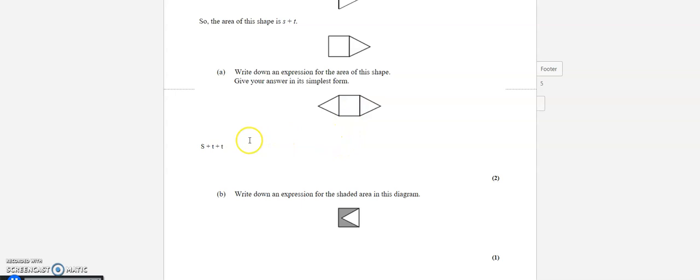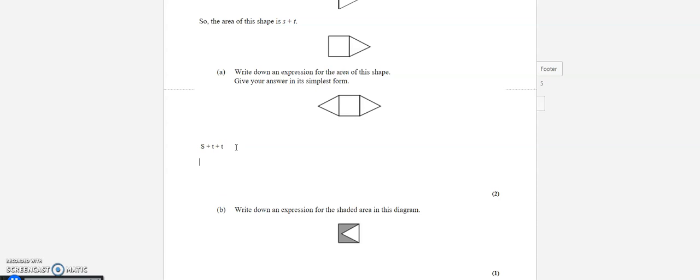So what we'd really be looking for ideally is a square plus two triangles. So what we could do is group those T's together. So we could say it's S plus 2T, because we've got T plus T here. That's it. That's what we're looking for.